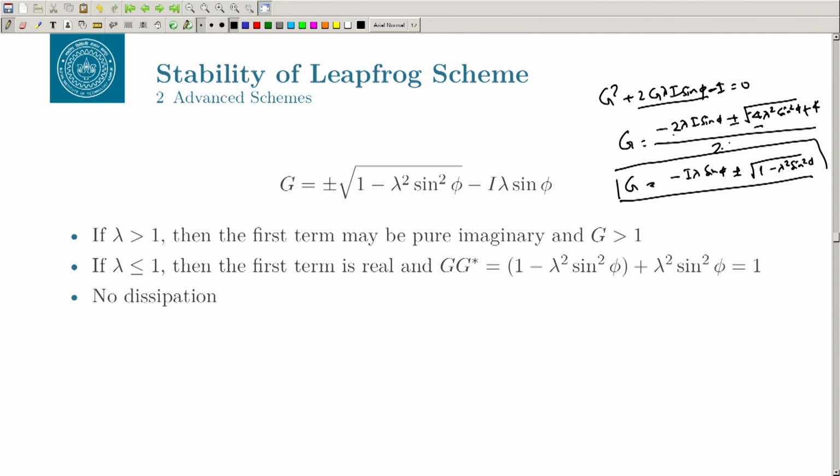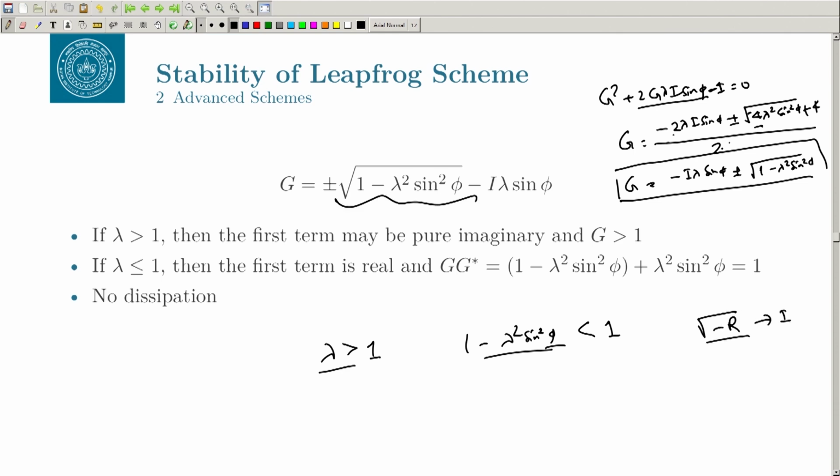Now, you can look at this equation closely. If lambda is greater than 1, then 1 - lambda^2 sin^2 phi may become less than 0. You can check for different phi, except 0. So then this term will become negative, that is the square root of a negative real number, so it is an imaginary number.